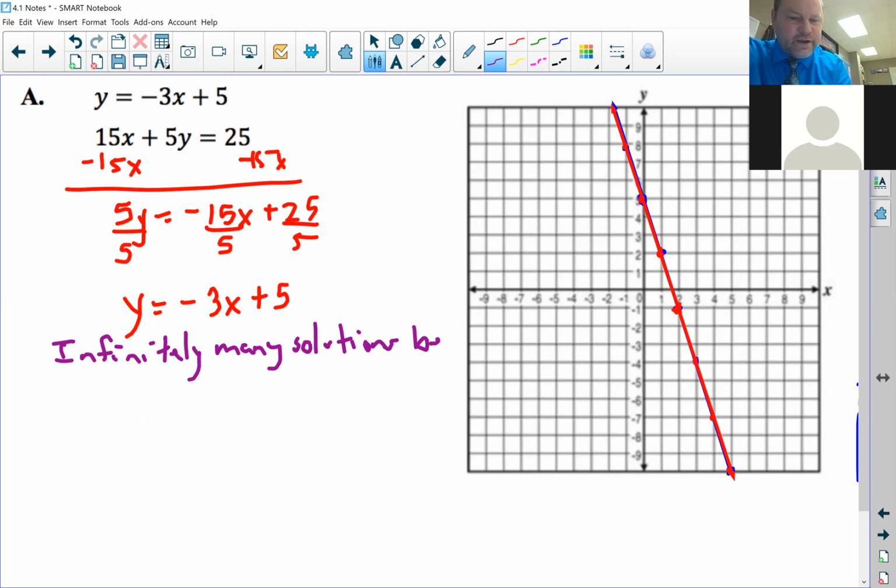And using the graph, it would be because the equations represent the same line.